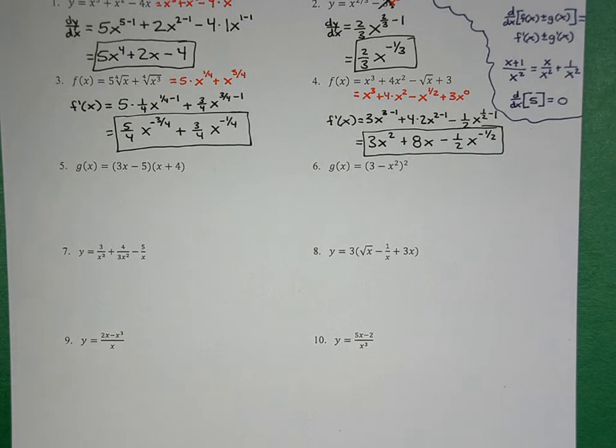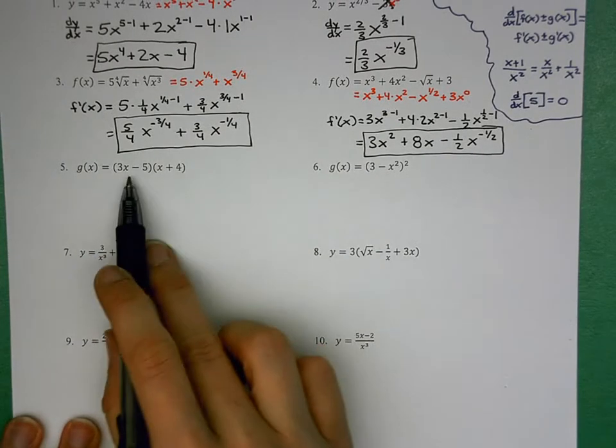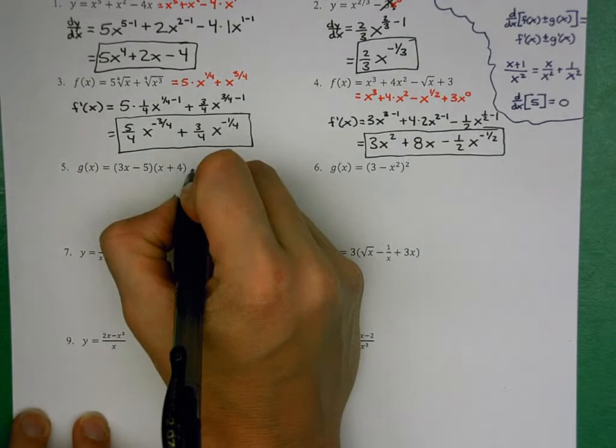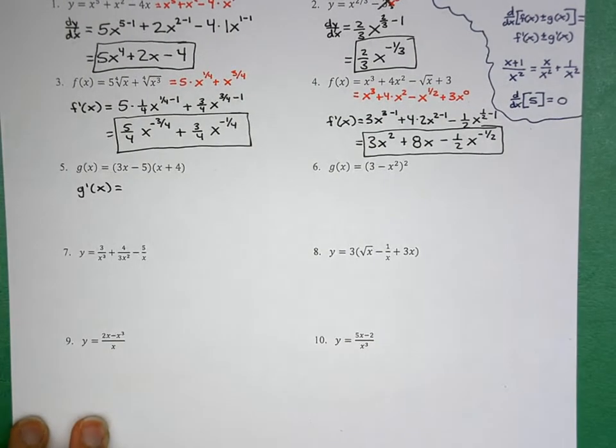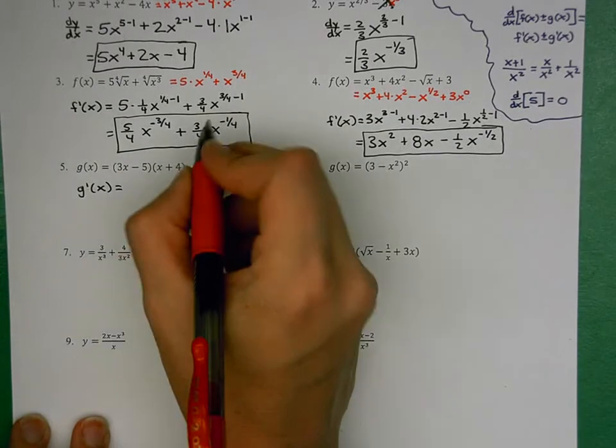Okay, so with number 5, we have here something that is very close to power rule. Unfortunately, because we have our two functions here being multiplied, we do need to do a foiling, expansion, distributing these things, right?